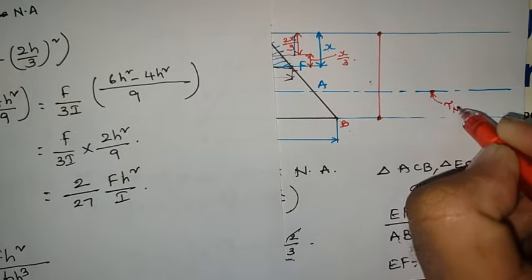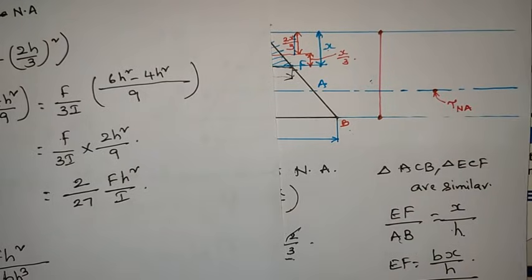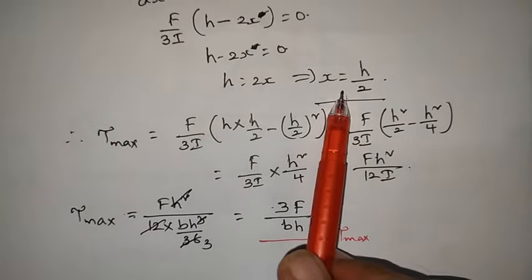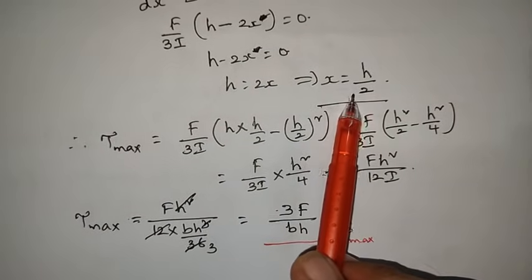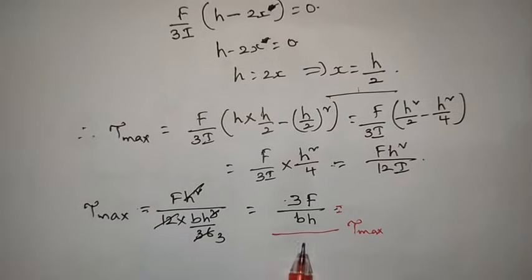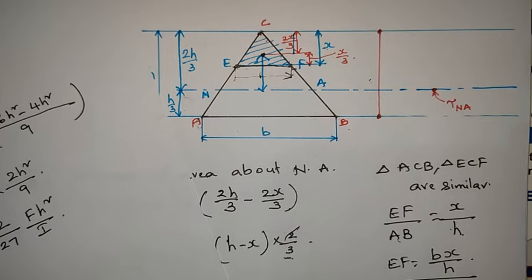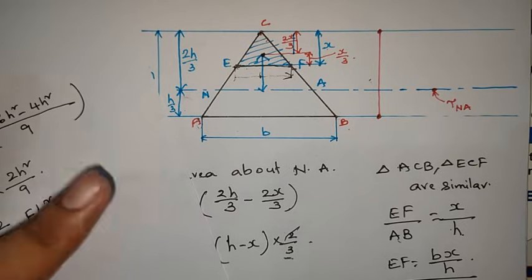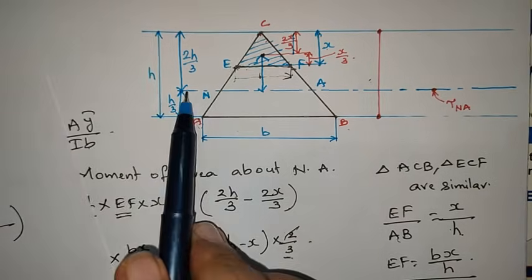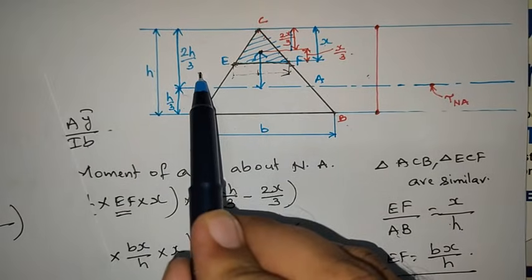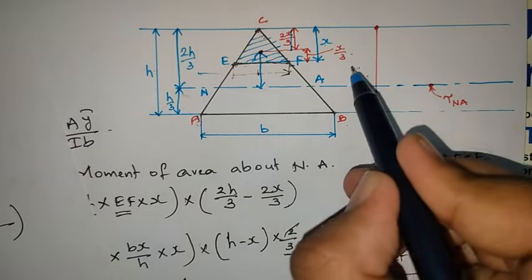So that is tau NA. Next, at x equals h by 2, we will get maximum shear stress, and it is equal to 3F by bh. So now locate. From here to here is 2h by 3. Then what is h by 2? h by 2 means it is somewhere here, right?